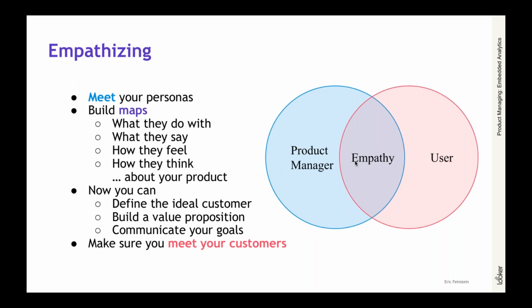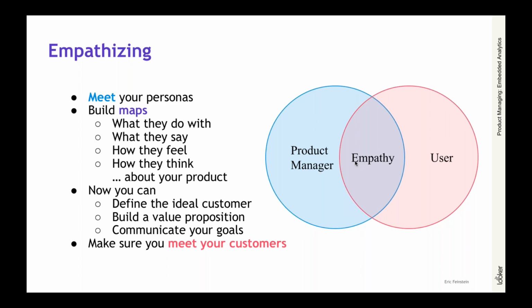So for each of those personas, you're going to interview them and understand what they do with your product. So again, asking and watching them use it is great. As they use your product, you're going to ask yourself, what are they saying out loud? So what are they trying to do? What are they saying to themselves? So what might they be saying internally as they're trying to figure out your product? And also, how do they feel about your product?